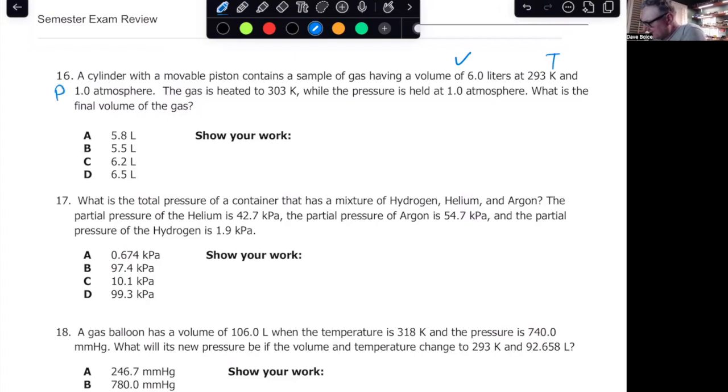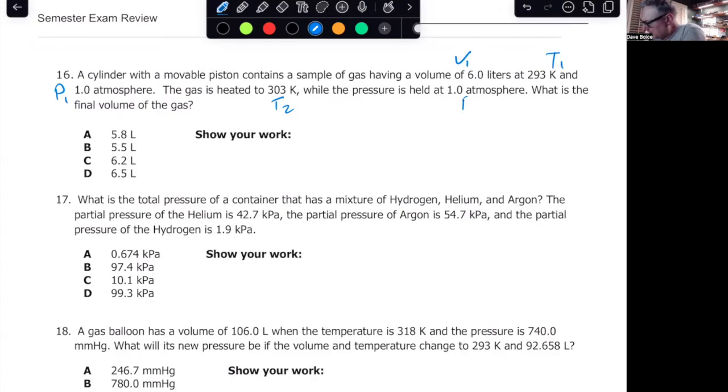The gas is heated, so this is 1, and these are going to be 2. So I have a temperature 2, while the pressure is held at 1 atmosphere. What is the final volume of the gas?